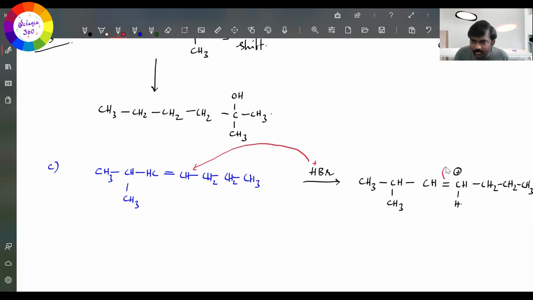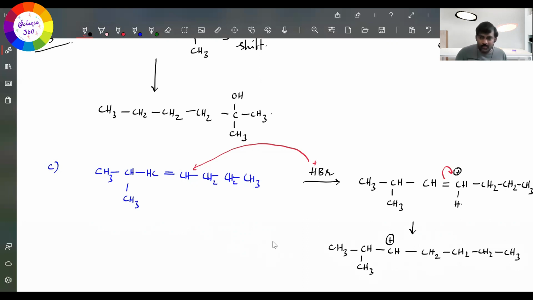So now the pi bond will move towards the positive carbon, so the positive charge will shift to the next carbon. So I'll be getting this: CH3, CH, and now the positive charge will be shifting towards this, and here I'll have CH2, CH2, CH2, CH3.